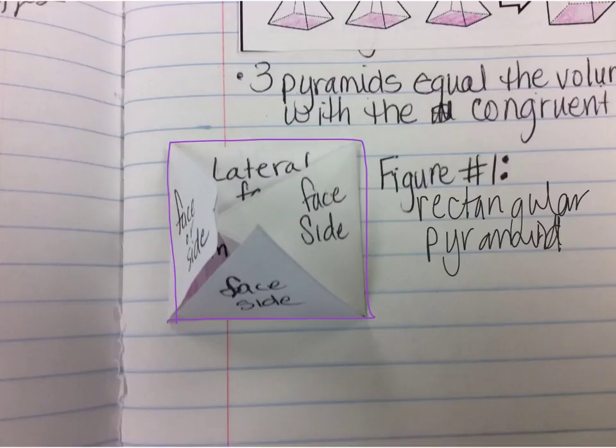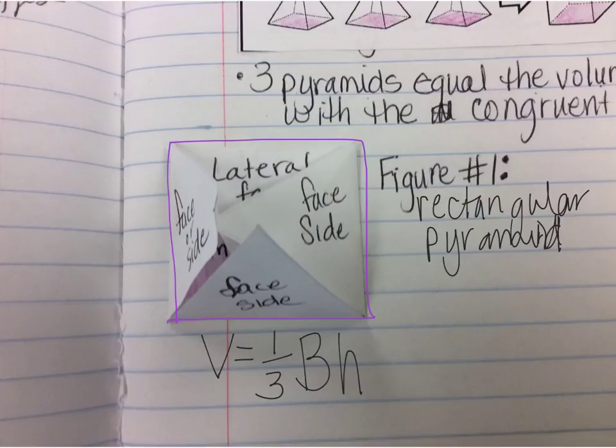Okay. Now, from here I want you to find the area, because anytime we find the volume of anything, remember that the formula is, and you can look back at your formula chart, but the formula for a rectangular pyramid is volume equals 1/3 capital B times the height.